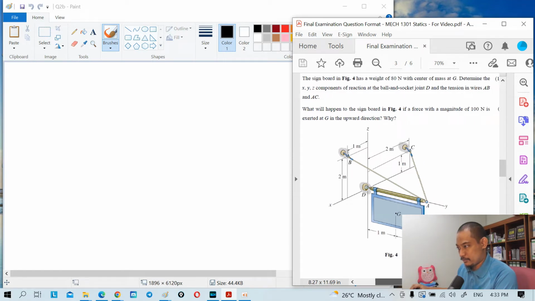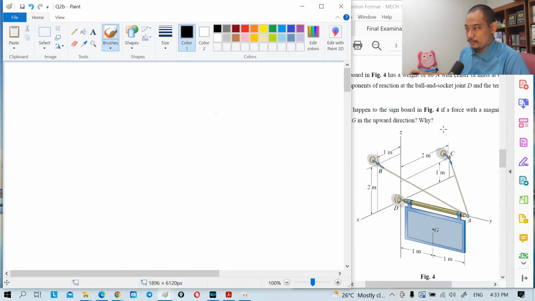Okay, how to do this? Of course, what is given is the 80 Newton weight, and the rest we have to calculate, right? So we start with the free body diagram, of course. This is question 2B.